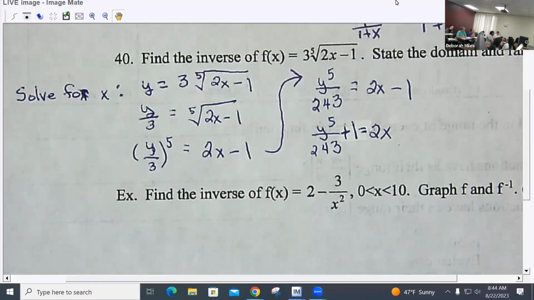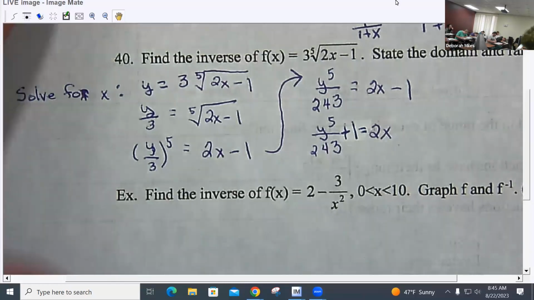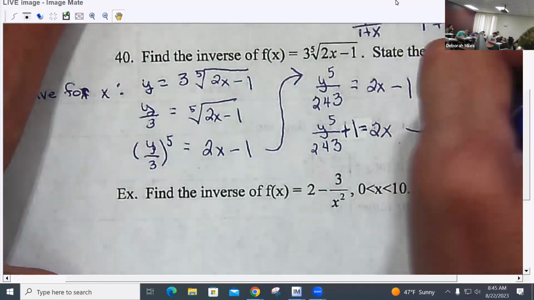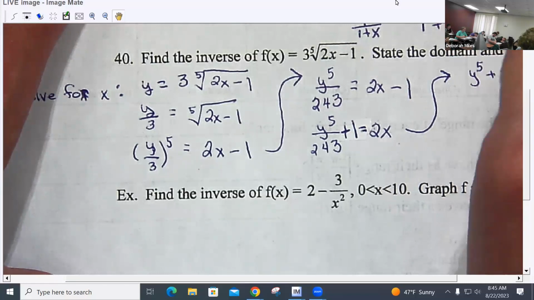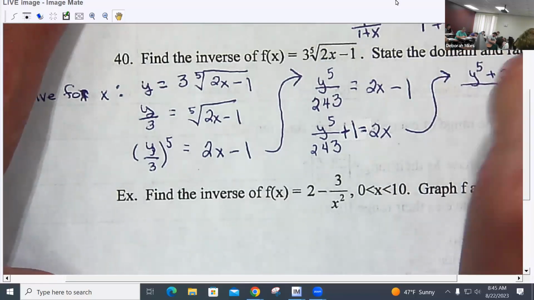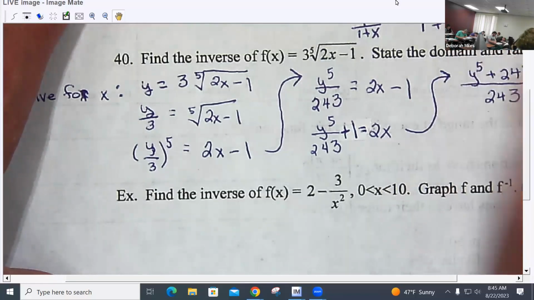So I'm going to think of that 1 as, how would I write it if I wanted a common denominator? 243 over 243, so that when I combine those 2 fractions, I have y to the 5th plus 243 over 243.